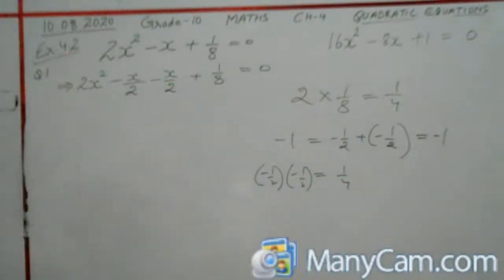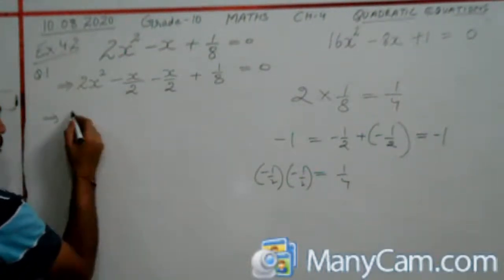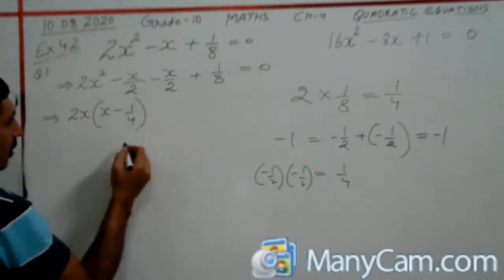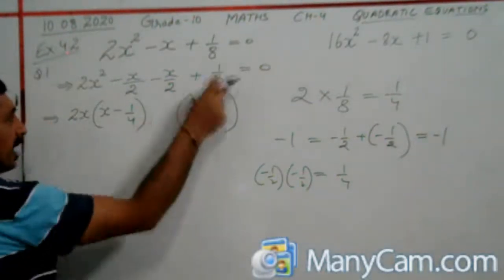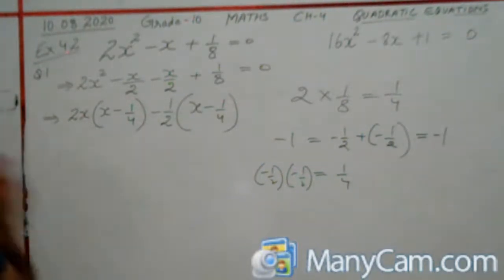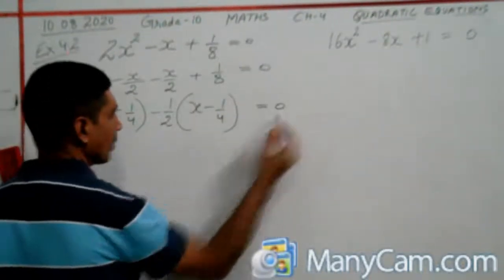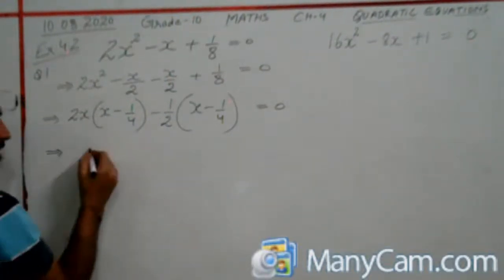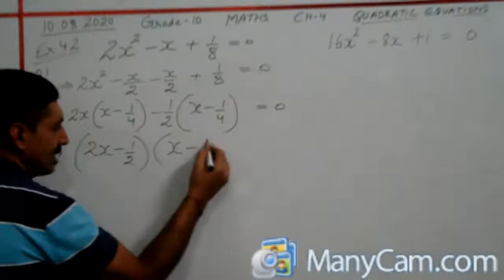Here take common 2x, and here also, that is x minus 1 by 4. But to get minus 1 here, we have to take 1 by 2 negative. So this further implies that one factor is 2x minus 1 by 2, and the other is x minus 1 by 4.